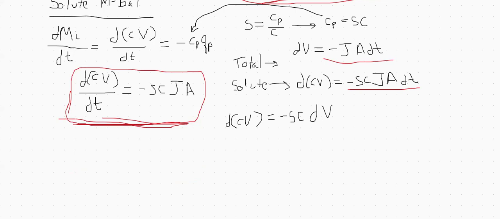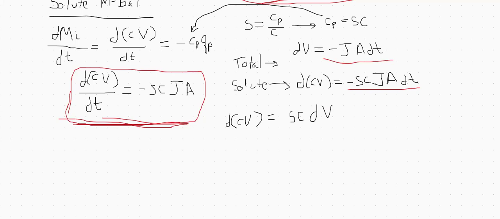Oh, actually, I messed that up there. There's no minus sign, right? We got rid of that. We're plugging in the dV is equal to minus JA dt, and we have a minus JA dt in the solute mass balance, so we plug that in and get rid of the minus sign. Okay.